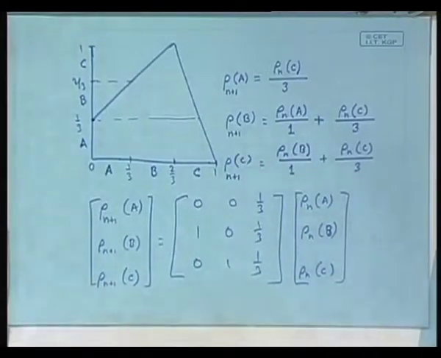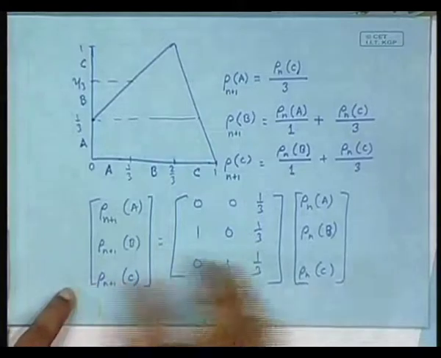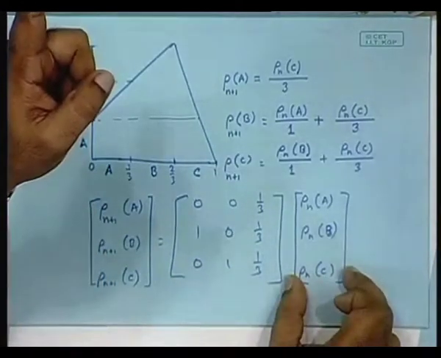Now notice that ultimately where are we going? Ultimately we are interested in finding the invariant density without really doing the exercise of iterating and iterating. Invariant density means in the left side and in the right side it should be the same thing.